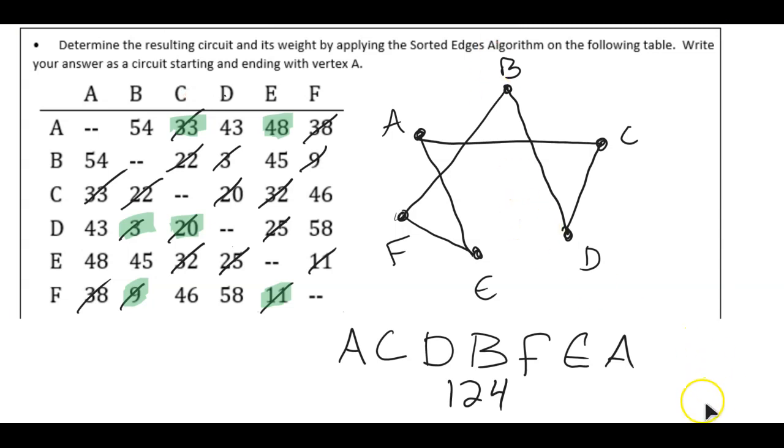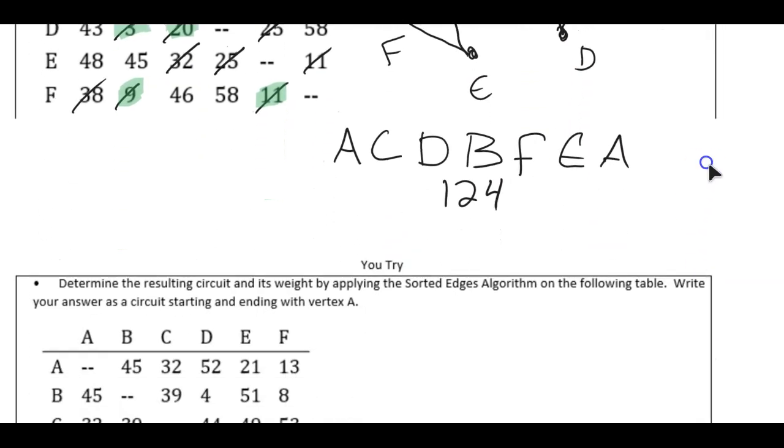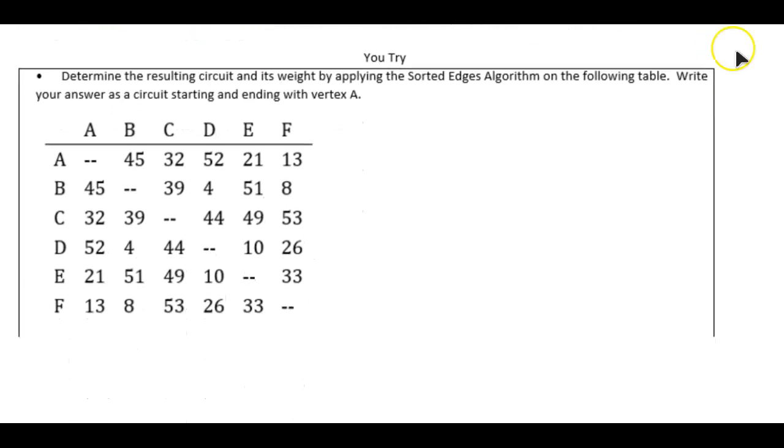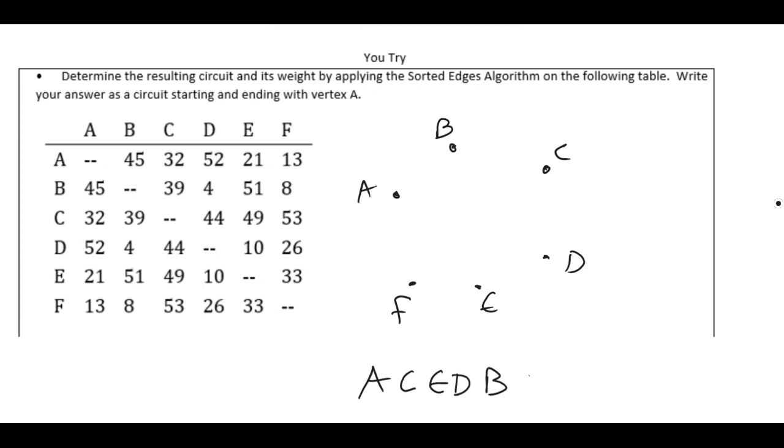All right, go ahead and pause the video as you work on this next problem. So with A, B, C, D, E, F, you should have the circuit A, C, E, D, B, F, A, or the reverse.